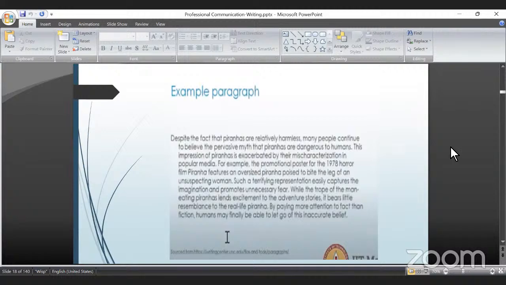Such a terrifying representation easily captures the imagination and promotes unnecessary fear, while the trope of the man-eating piranhas lends excitement to adventure stories. It bears little resemblance to the real-life piranha. By paying more attention to fact than fiction, humans may finally be able to let go of this inaccurate belief. Okay, example paragraph.